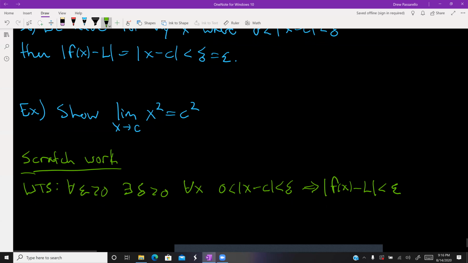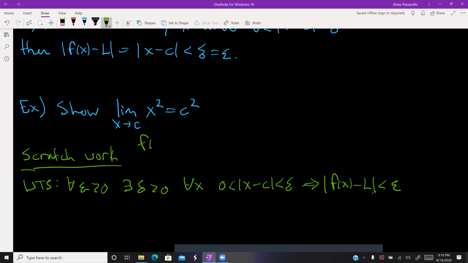Well, what is f of x? F of x is x squared. And then c, or L, is c squared.